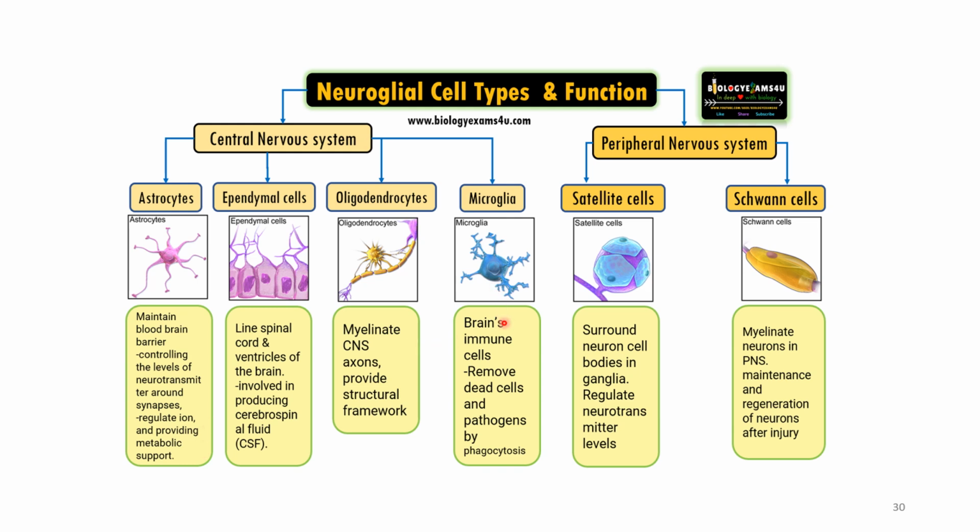Microglia provide the immune system in the brain and remove dead cells and pathogens by phagocytosis. Ependymal cells line the ventricles and spinal cord and produce CSF. Now coming to the PNS, the Schwann cells will produce myelin, and the satellite cells will surround the cell bodies and regulate neurotransmitter levels.